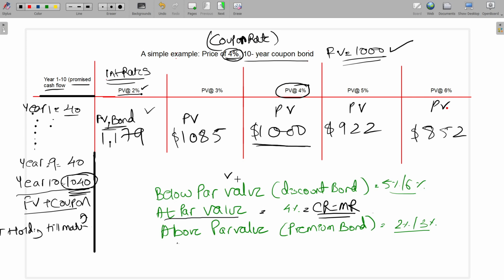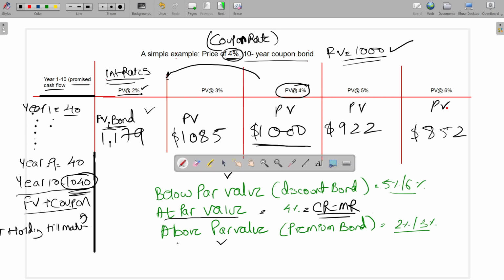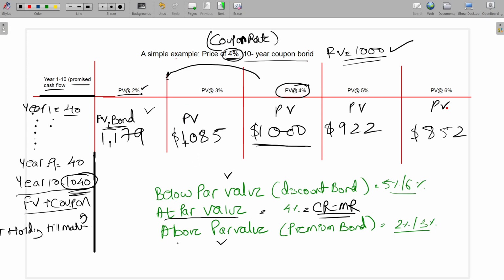Above par, let's say this. When the market interest rate decreased by 200 basis points, the price of the bond increased. As you can see, it has increased to 1179.